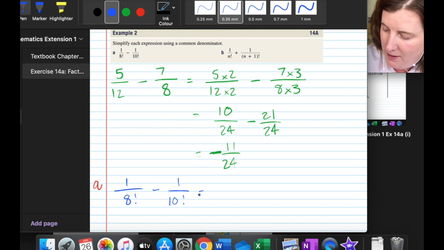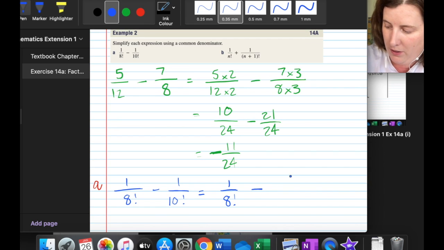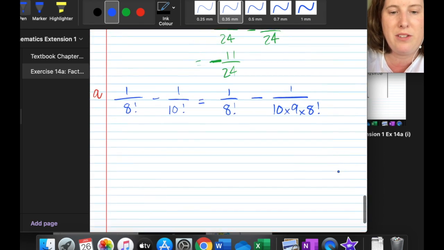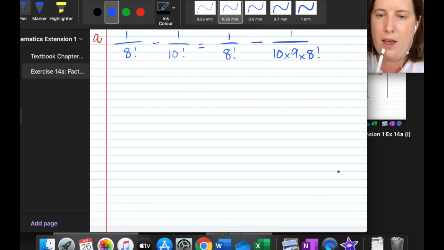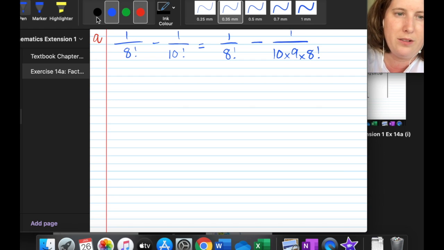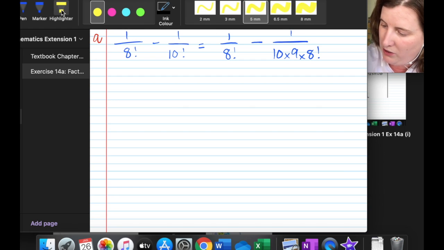So that means 1 over 8 factorial, I'm not going to change, but 1 over 10 factorial is the same as 10 times 9 times 8 factorial, isn't it? We've done a lot of that before. So that means 10 times 9 times 8 factorial is my lowest common denominator.